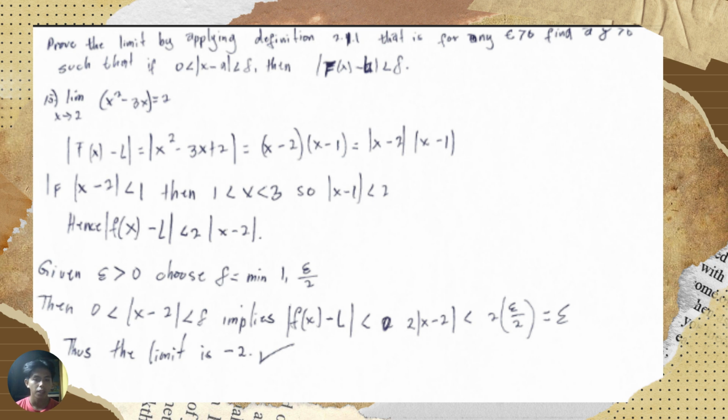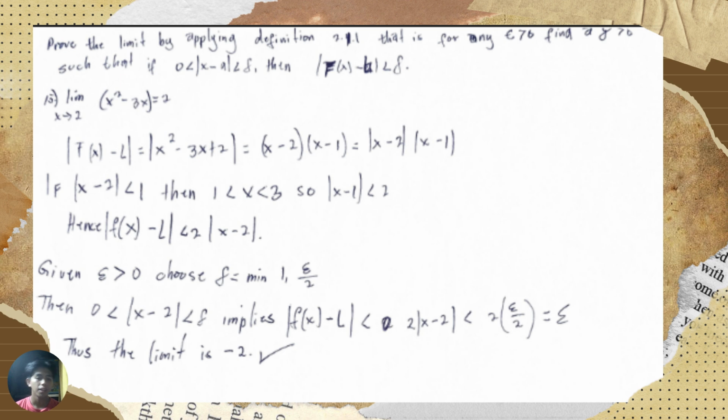Then from the formula, the absolute value of f of x minus L, we have x squared minus 3x minus 2. Then factor out x minus 2 and x plus 1, so that it becomes the absolute value of x minus 2 and the absolute value of x plus 1.